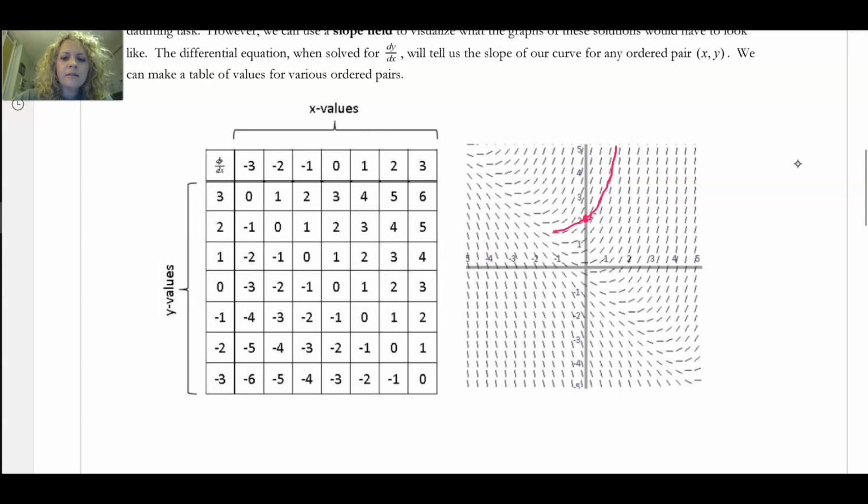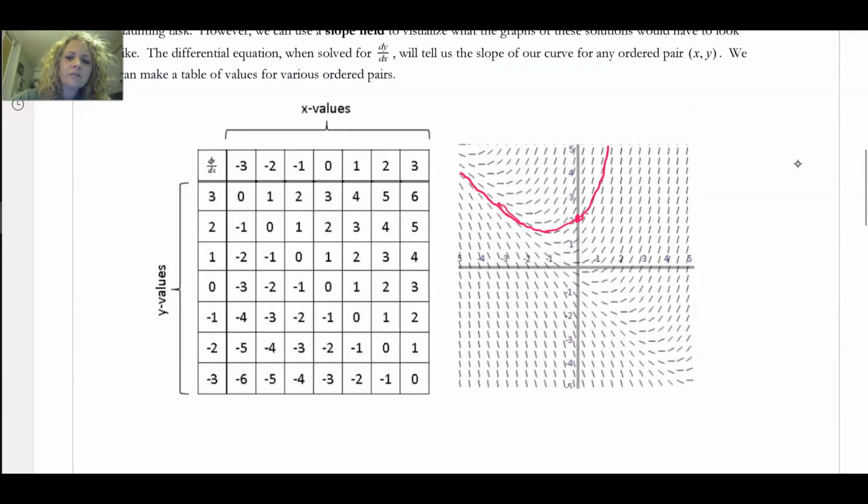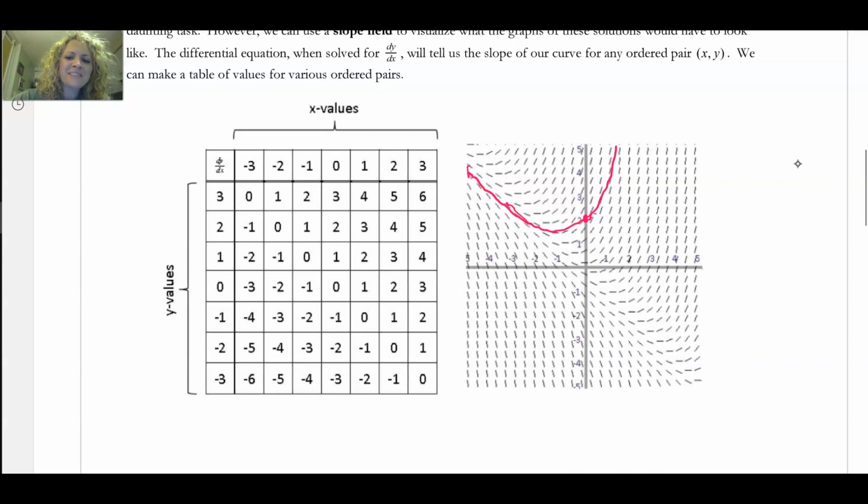And then as I follow it backwards, it looks like it gets sucked right into that curve there. Oh man, this is hard to do on this computer. All right, I'm not going to put arrows there, but that's what that would look like. So that could be a solution for the particular condition of the point 0, 2.